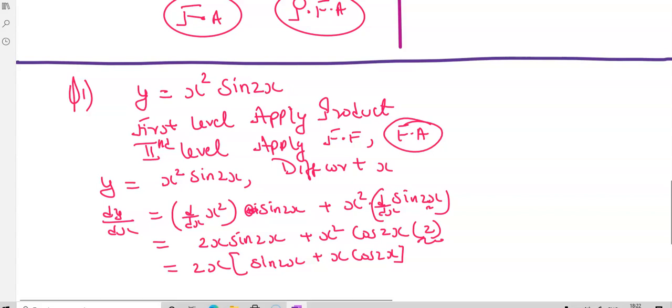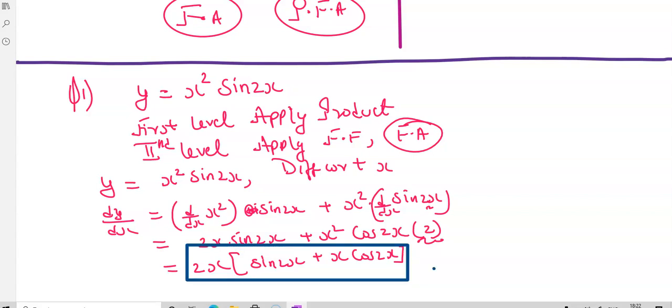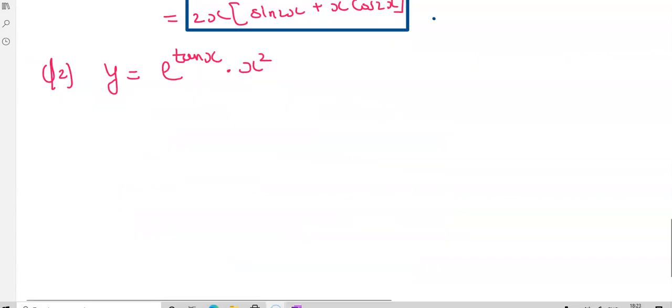This is how we move about once we are using the concept of function and function in the product rule of some of the questions. Now if I take up more questions, it is e to the power 10x into x square, or you can take it as x square into e to the power 10x.